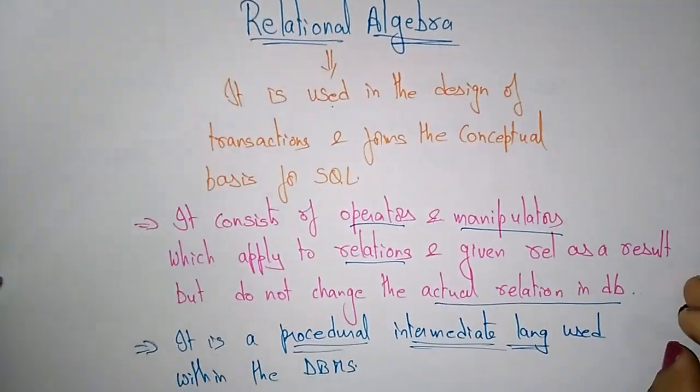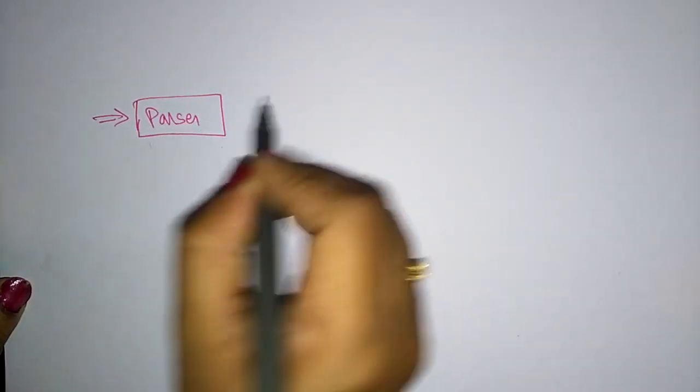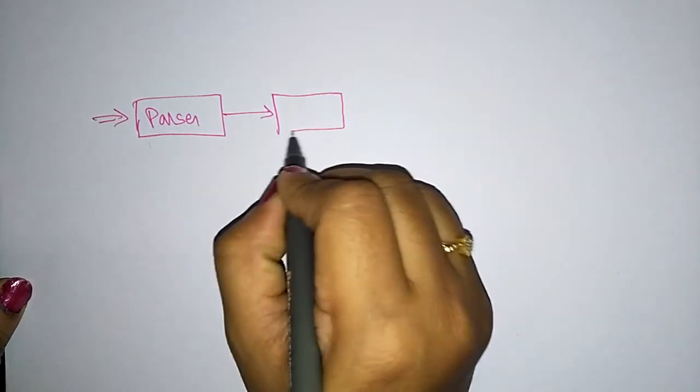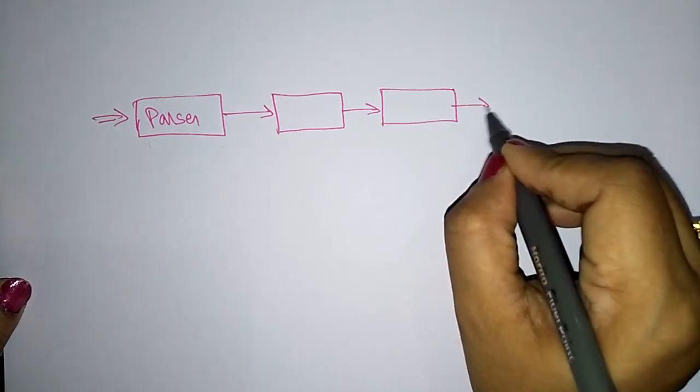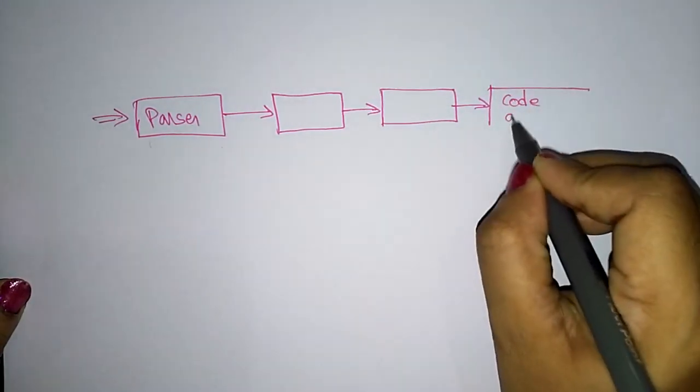So let us see what this relational algebra does in the database. I said that this is an intermediate language. First a parser is there, then some expressions, and then you have the code generator.